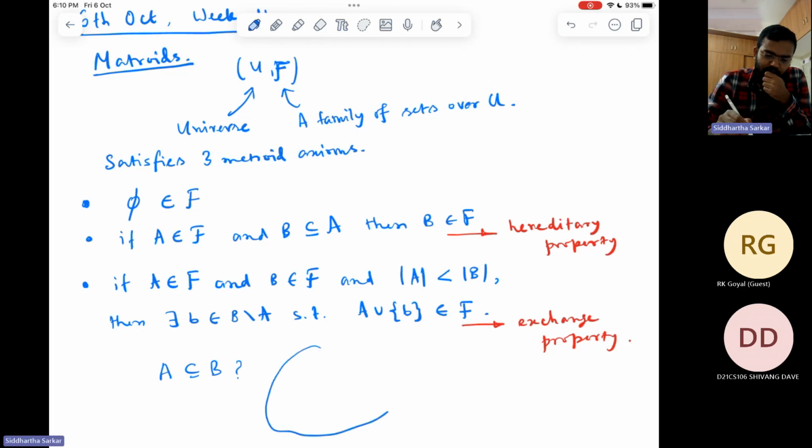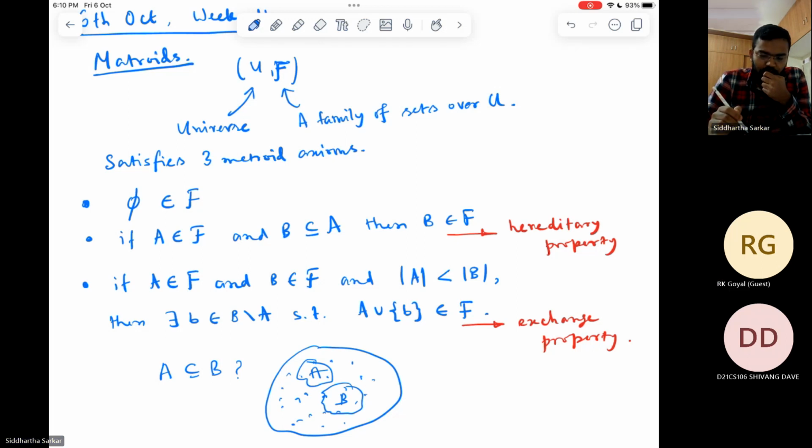Yes. The universe is a set of elements, and you have taken some of these elements and called it A. You have taken some of the elements and called it B, and A and B need not have any elements in common. What it is saying is that if B is larger than A, then there is at least one element in B which you can include with A, and then that larger set is also going to be part of the family.